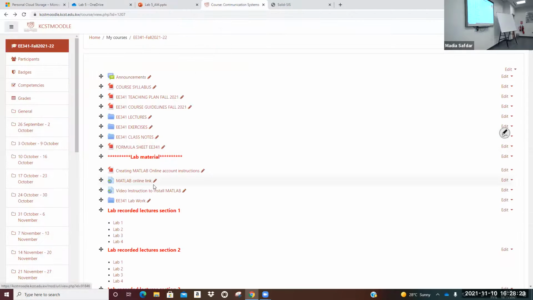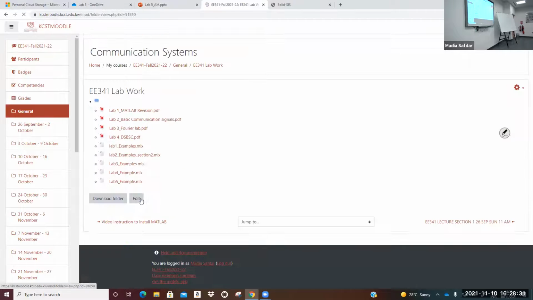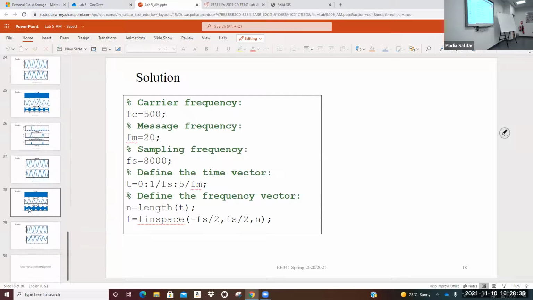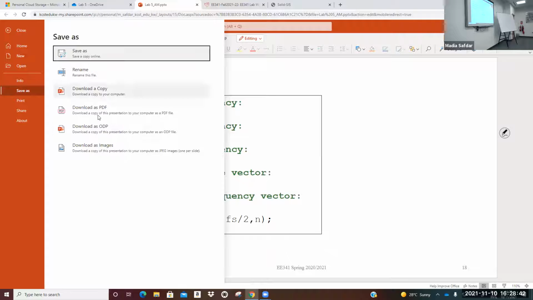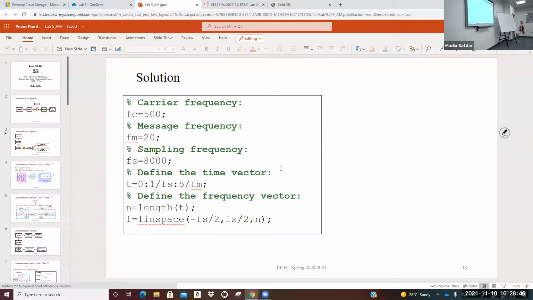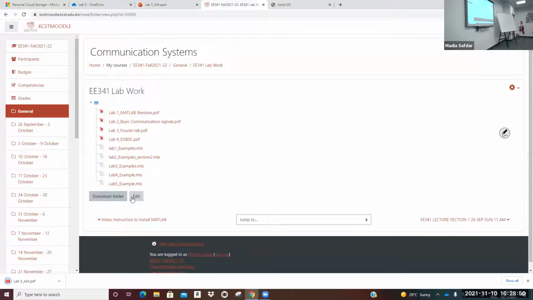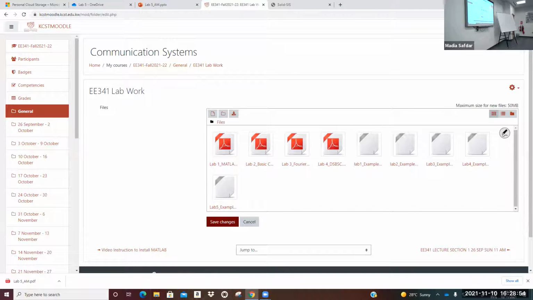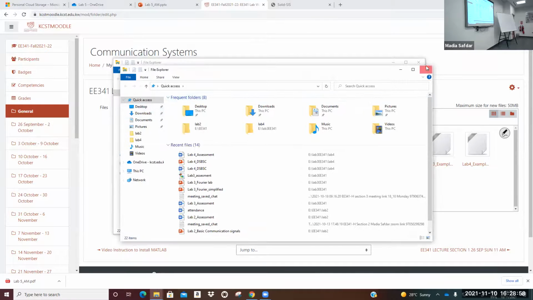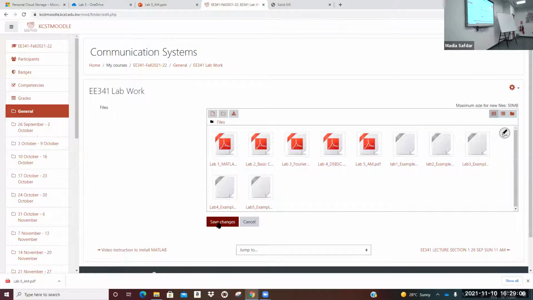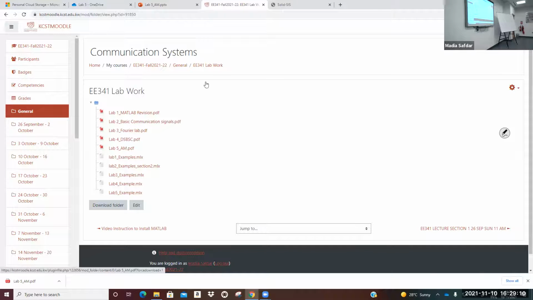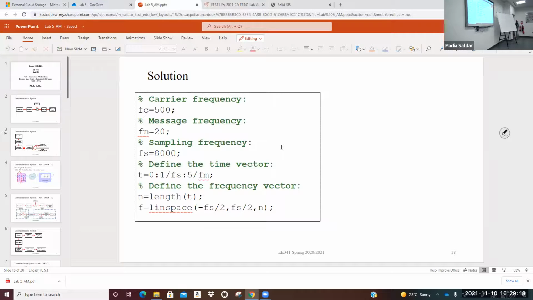Lab PDF file, not yet, but I will upload it. Okay, so it's there now.